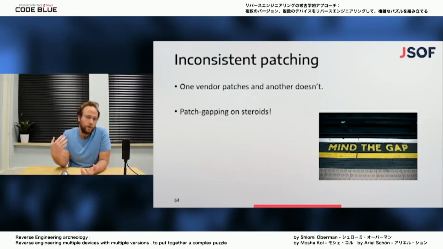So if Intel AMT update their firmware and fix it, but a different vendor doesn't apply the fix, especially if the fix wasn't public, they might not even know about the fix, or they missed the fix, they might have a vulnerability that is much easier to find. There's no research that needs to be done. Just look at the difference between the versions, look what was patched in one vendor, and you find vulnerabilities in another vendor. Kind of like patch gapping, but on steroids, because this could be going on for years.